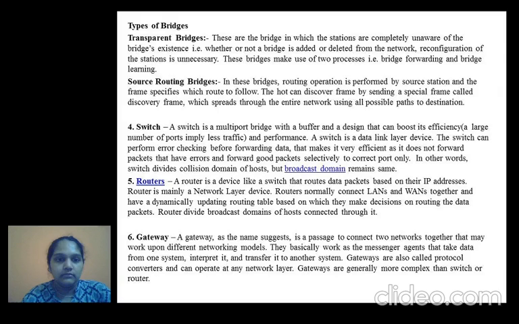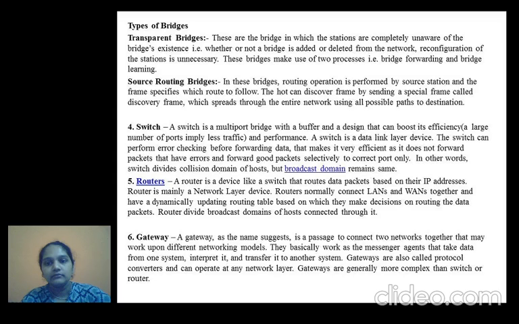Gateway. A gateway is nothing but the last device, named gateway as the name suggests. It is a passage to connect two networks together that may work upon different networking models. Gateways help us connect two networks which work on different networking models.